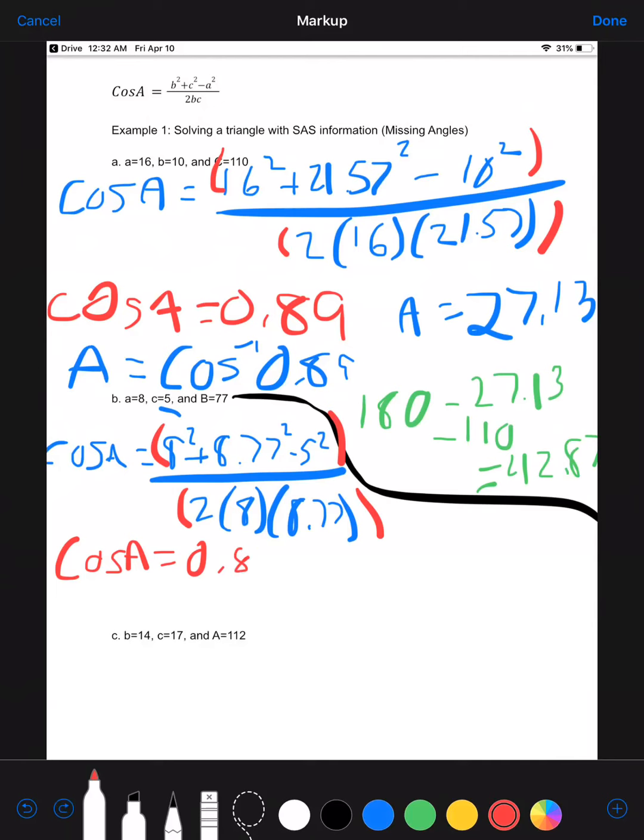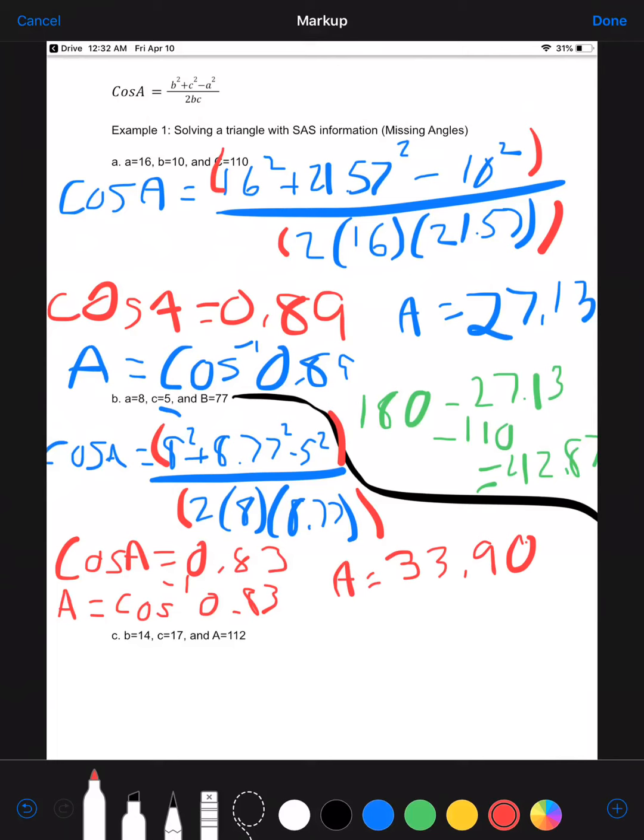We're going to get cosine A is equal to 0.82. Well, actually 0.83 because we're rounding. Then A is equal to inverse cosine of 0.83. So second cosine 0.83, and we get A is equal to 33.90.